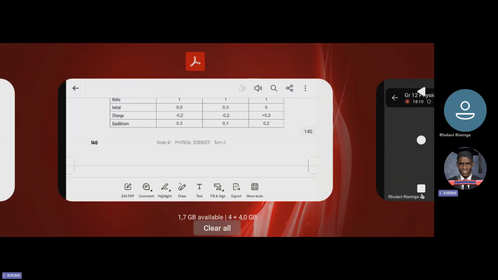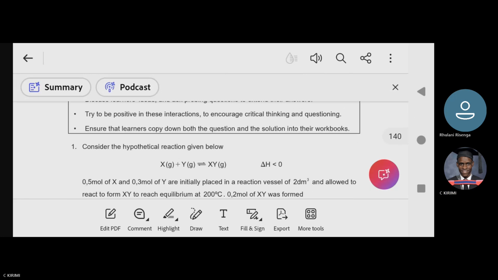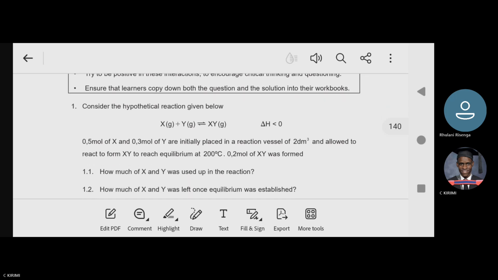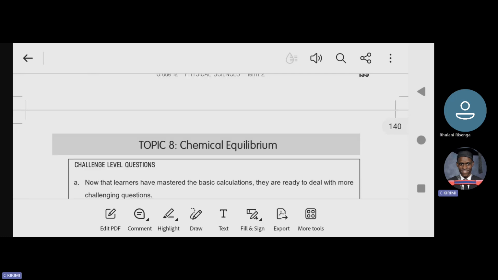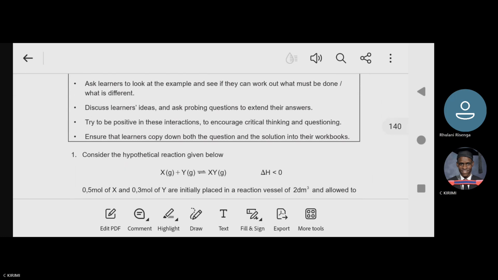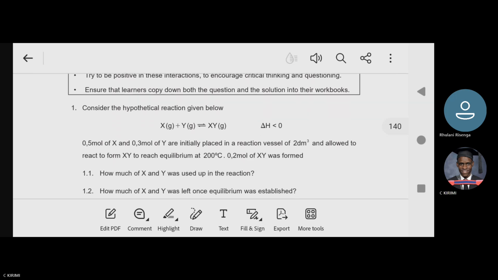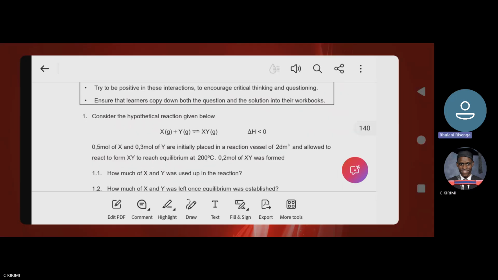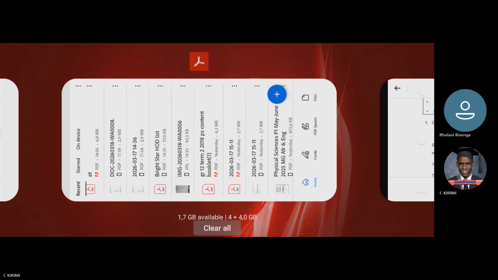Anything yet on the screen? Is this the problem which I gave yesterday to say screenshot? Was this the problem? This one is not the one.